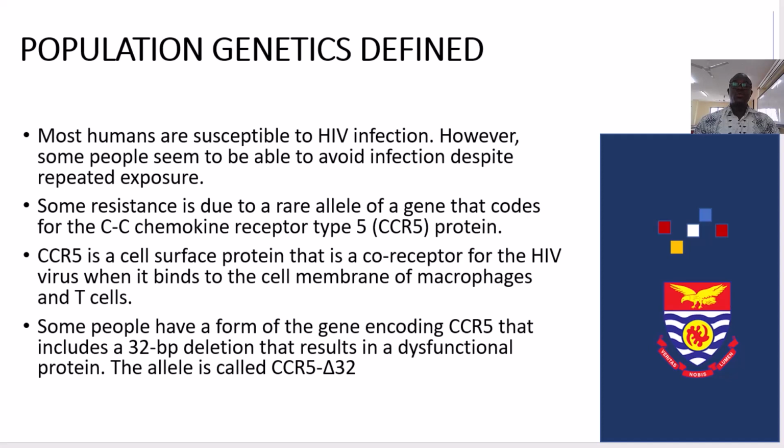Then it binds to the cell membrane of macrophages and T cells. Some people have a form of the gene encoding CCR5 that includes a 32BP deletion that results in a dysfunctional protein. This allele is called chemokine receptor type 5, 32BP deletion.